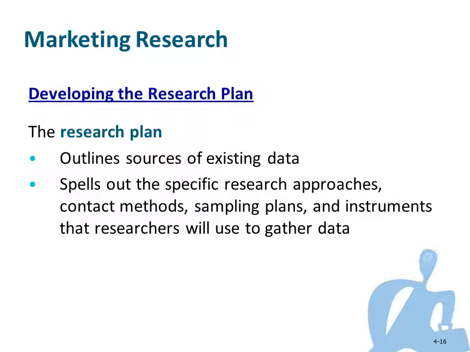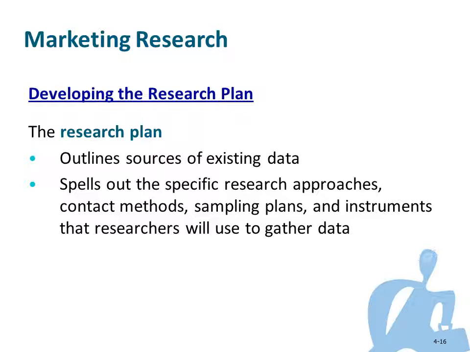Developing the research plan. The research plan outlines sources of existing data, spells out the specific research approaches, contact methods, sampling plans, and instruments that researchers will use to gather data.